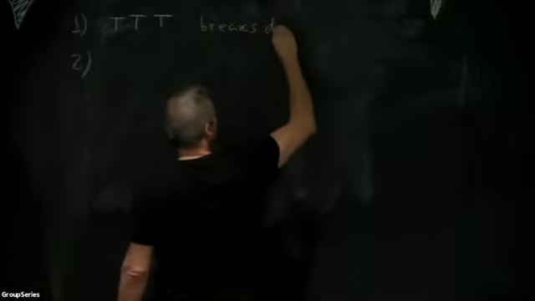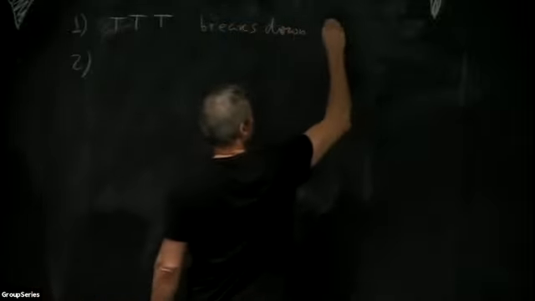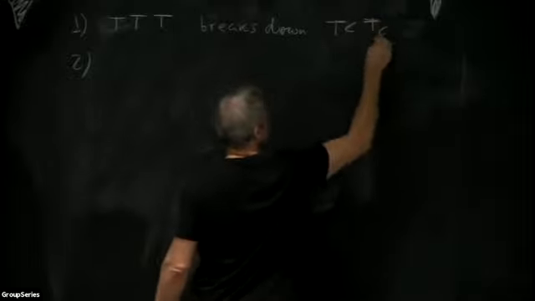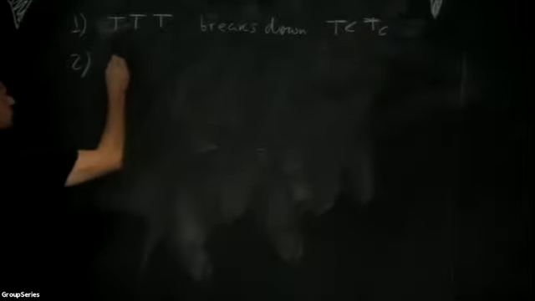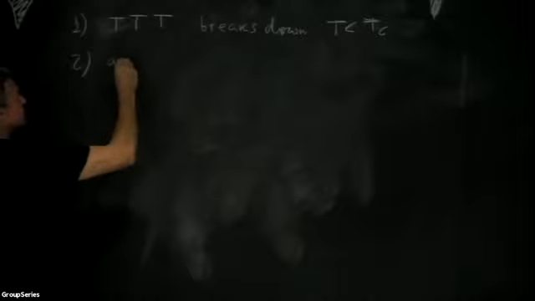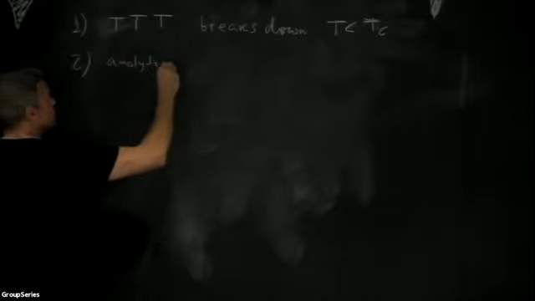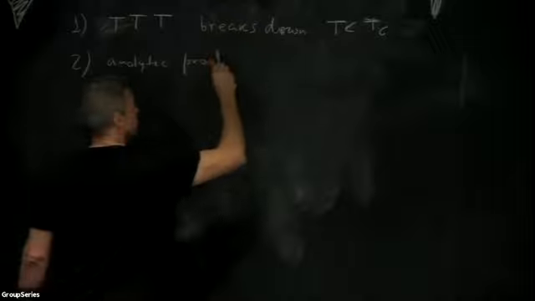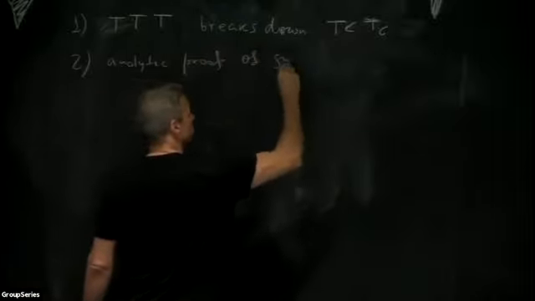First, we were able to prove that TT thermodynamics breaks down at low enough temperatures. And second, we were able to prove spontaneous symmetry breaking. We gave an analytic proof of symmetry breaking.